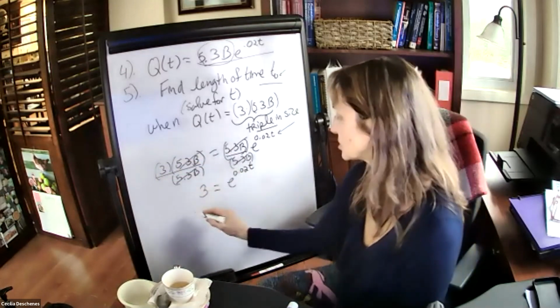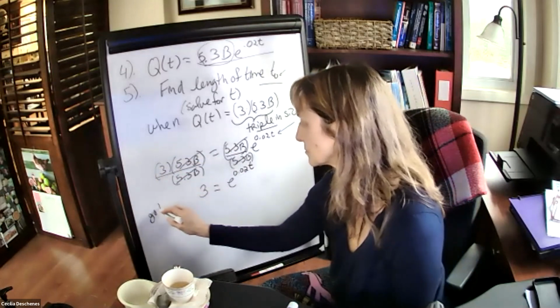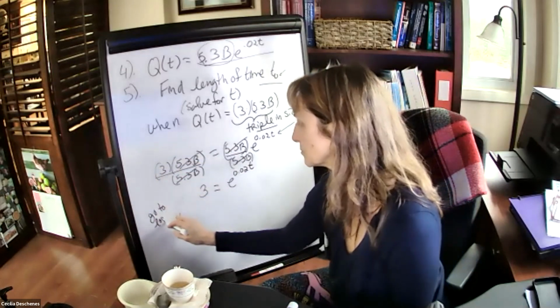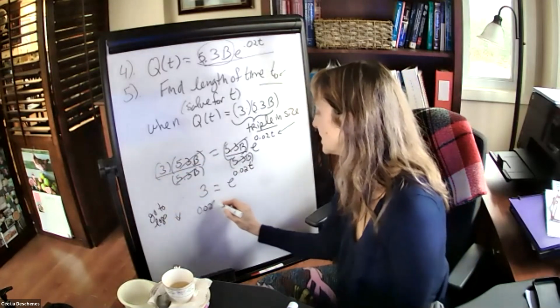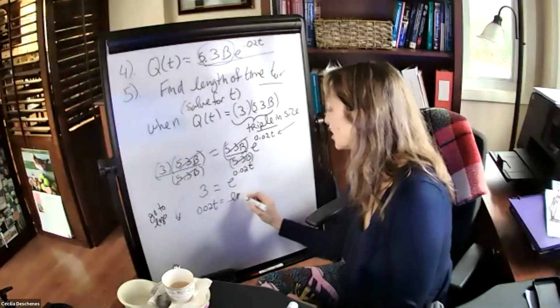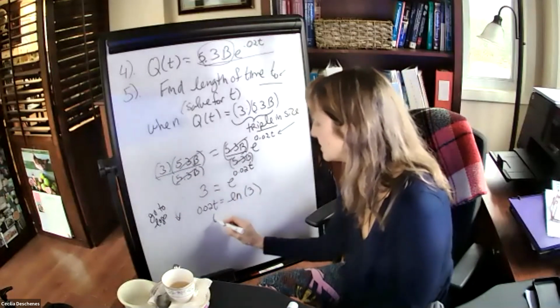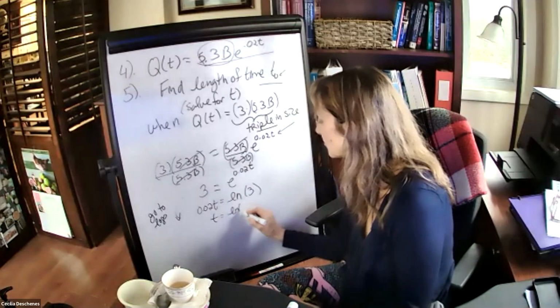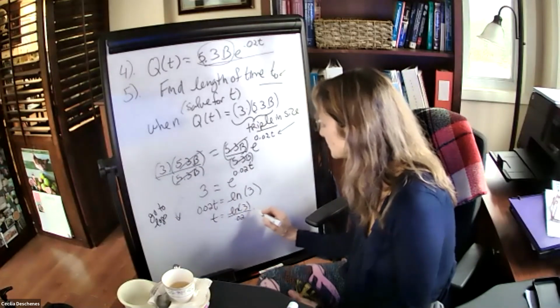All right, now we just convert over to logs. So the exponent, 0.02 t, equals the log base e, which is a natural log of 3. And then t is just a natural log of 3 divided by 0.02.